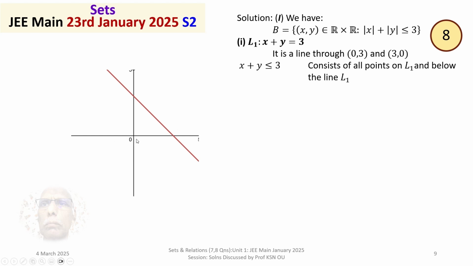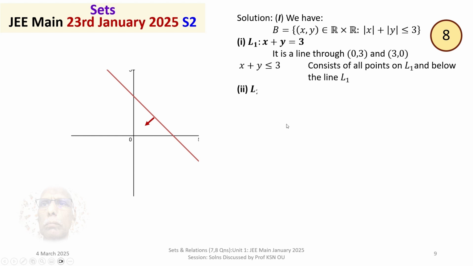The most convenient point for us is (0, 0). Substitute in this: 0 + 0, that is 0, less than or equal to 3. It is satisfied. Therefore, it represents the region in which (0, 0) is present, that means below the line L1. All this.